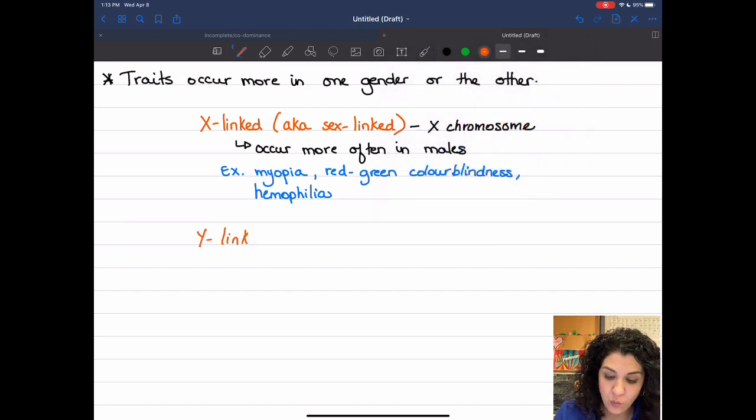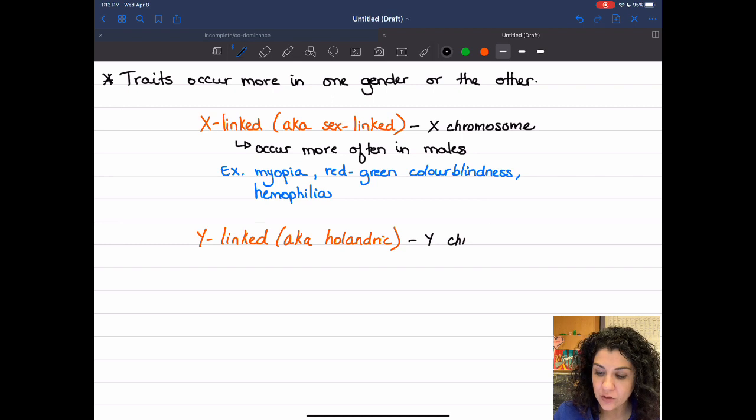And then you can have Y-linked, also known as Holandric. These are found exclusively on the Y chromosome. And again, it seems that here the males are the ones that are getting the short end of the stick, because these ones don't occur more often in males, they occur exclusively in males.